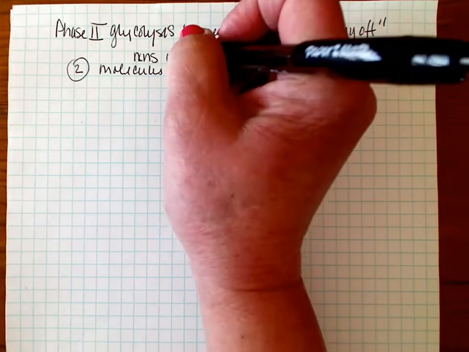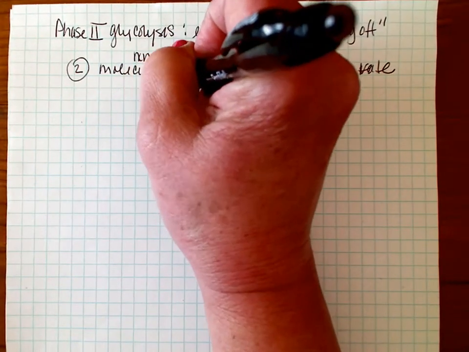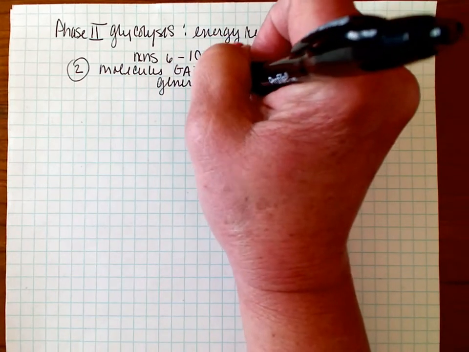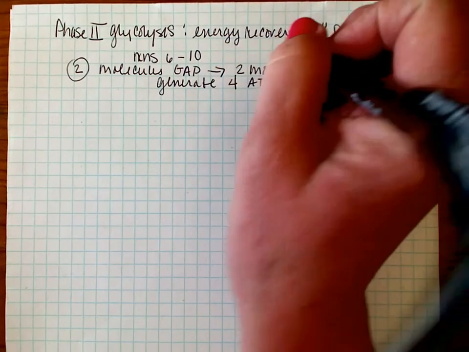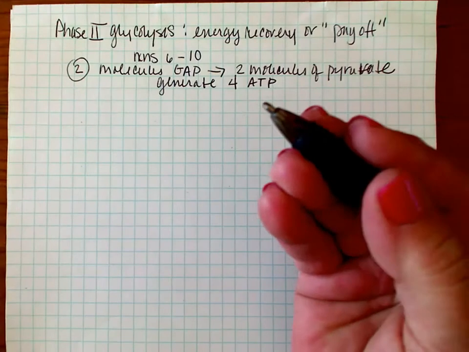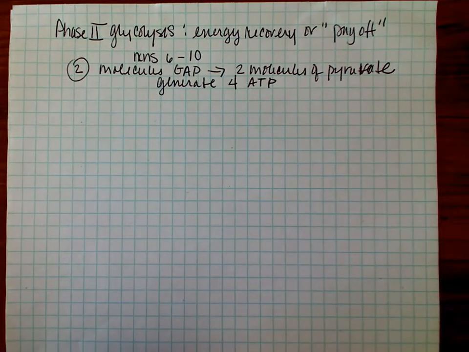During this process, we generate 4 ATP, which allows us to pay off the energy debt that we incurred in phase 1 and net 2 ATP.